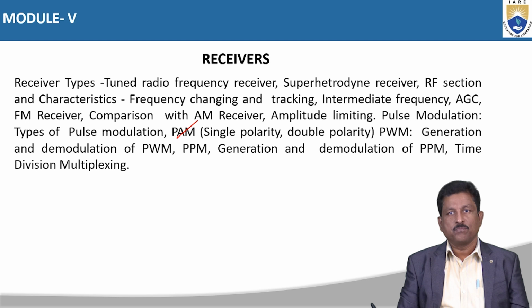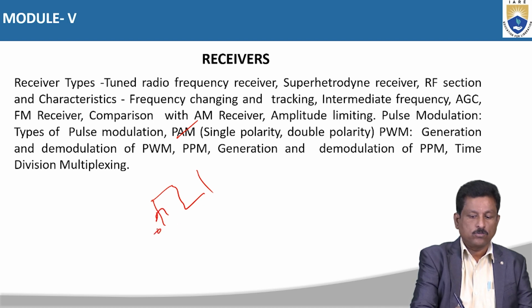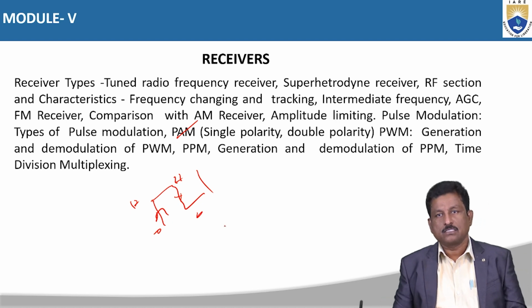Then PPM, pulse position modulation. Here we consider one complete pulse. This is known as the leading edge. The leading edge means it is increasing from 0 to a high level. Similarly, going downwards from a high value to 0 is the trailing edge.